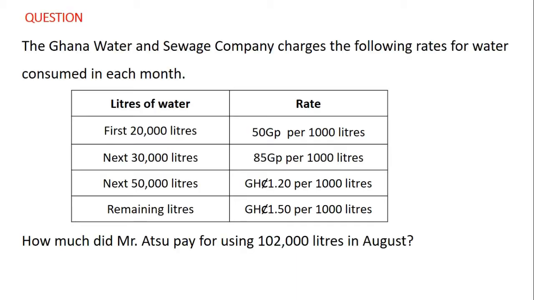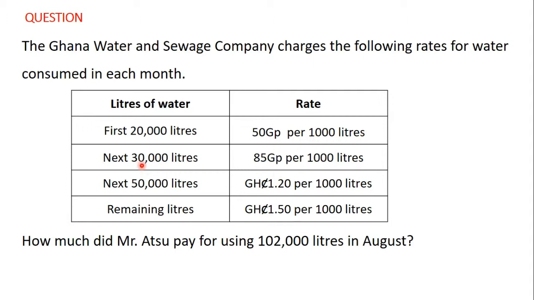The question for this video is, the Ghana Water and Sewage Company charges the following rates for water consumed in each month. So we have this two-column table with the first column giving us the groups of liters of water and the second column giving us the rate. So for the first 2,000 liters, the rate is 50 Ghana pesos per 1,000 liters.